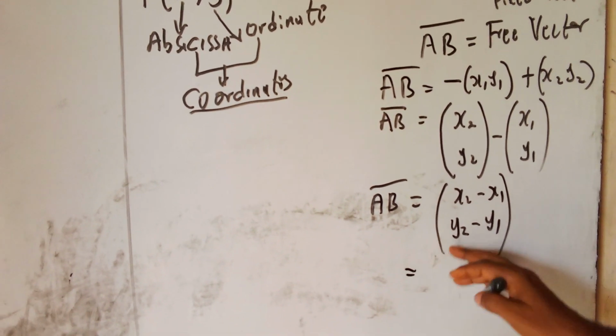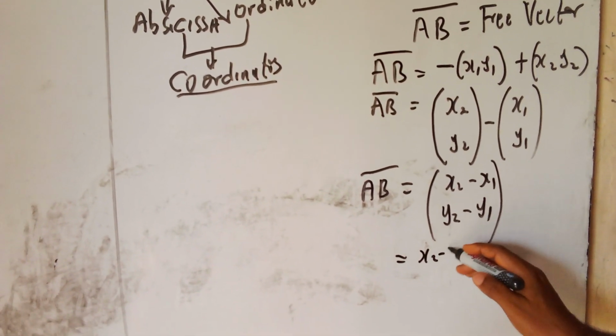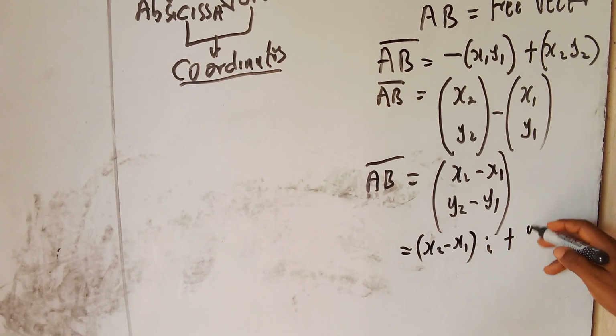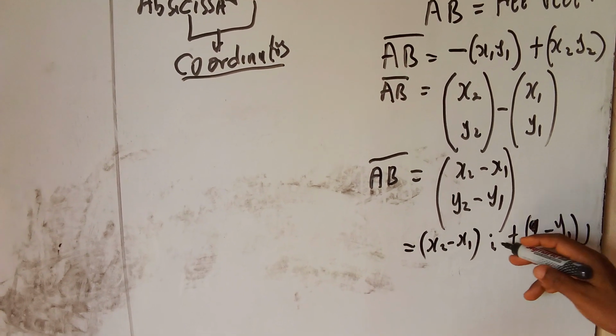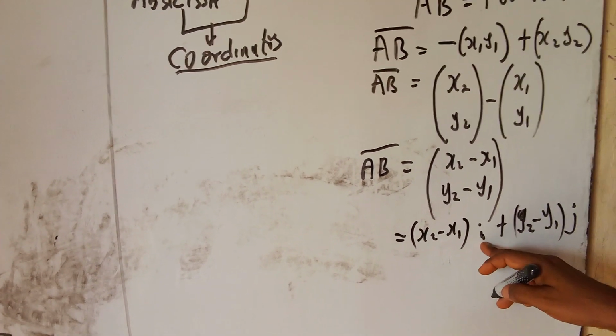So I can write this one in rectangular form. This is a column form. I can write it as x2 minus x1 i plus y2 minus y1 j, where i and j are called unit vectors perpendicular to each other.